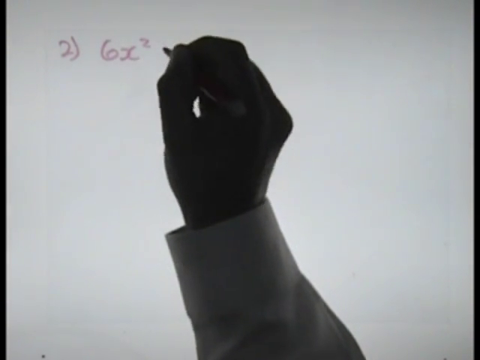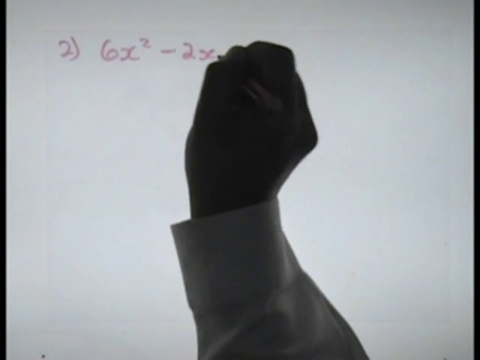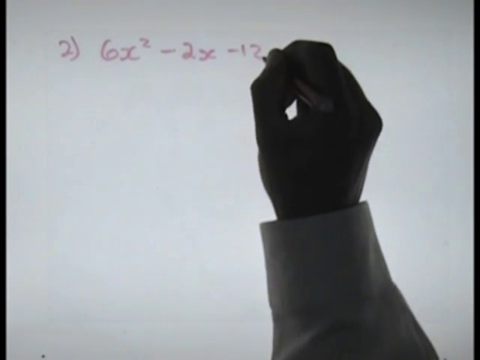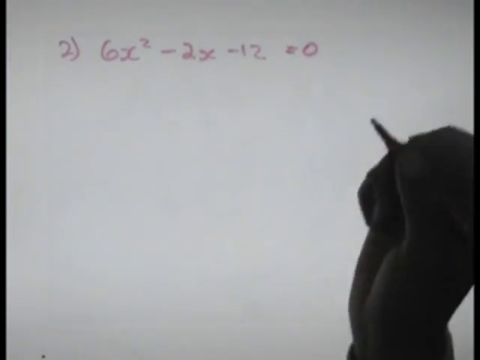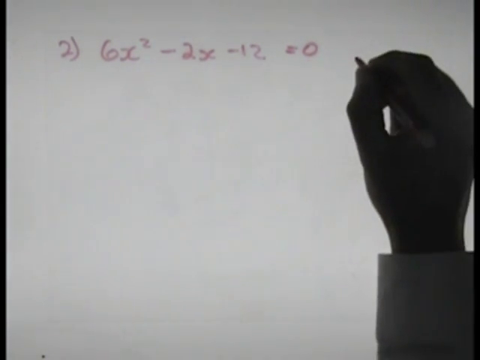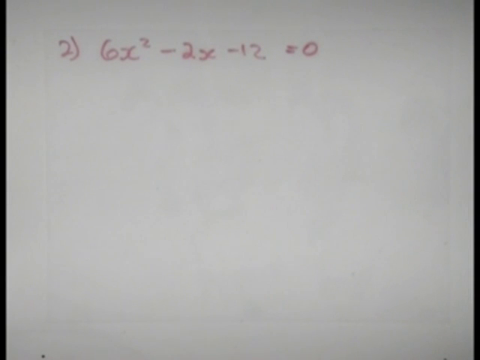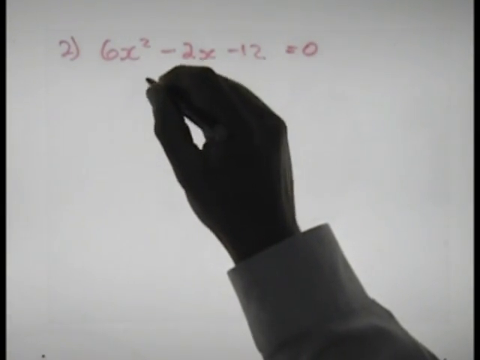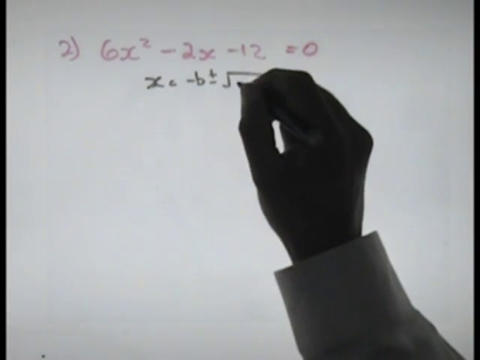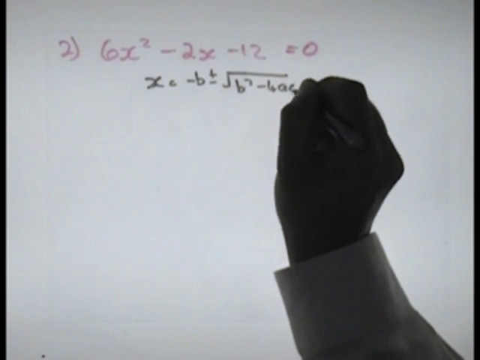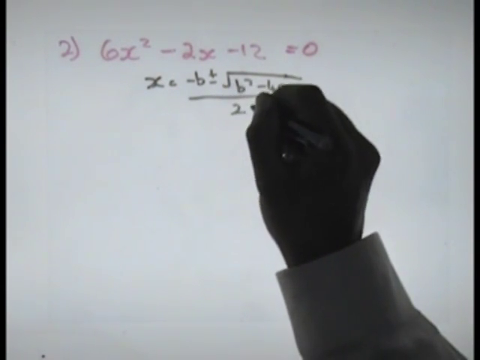The next one we're looking at, number 2, says 6x squared minus 2x minus 12 is equal to 0. Quadratic formula says that, let me write that in another color. In every example, I'm going to write that in. x is equal to minus b plus or minus the square root of b squared minus 4ac over 2a.